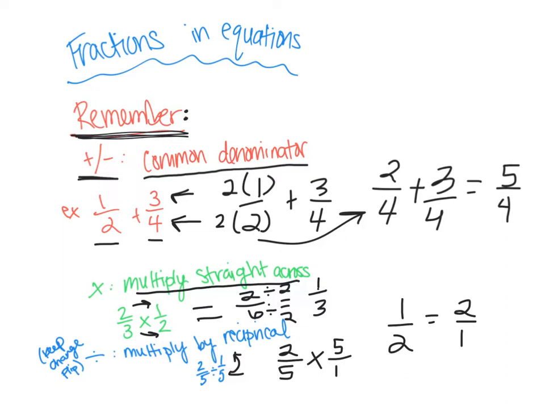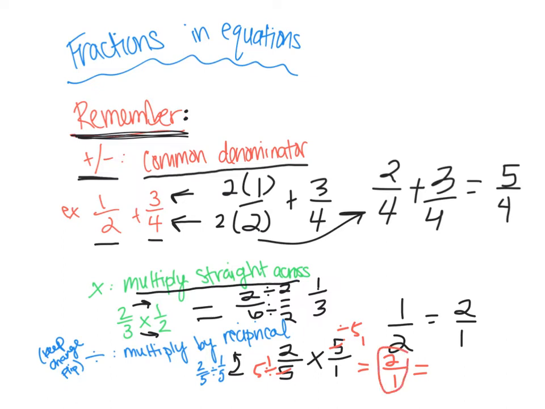Before we multiply, you want to try to simplify before you then multiply straight across. So I can take 5 and divide by 5 here and here. And so I get 1 and 1. And now I have simplified to 2 times 1 in the numerator and 1 times 1 in the denominator.